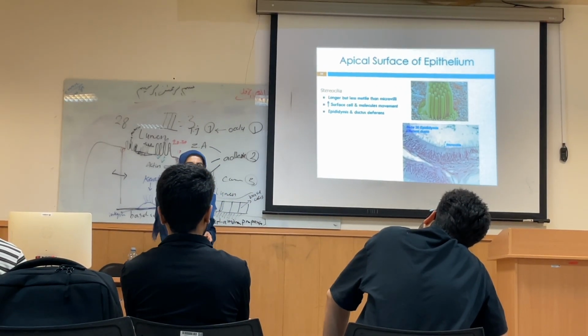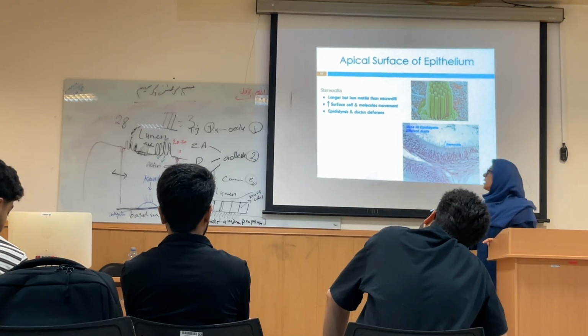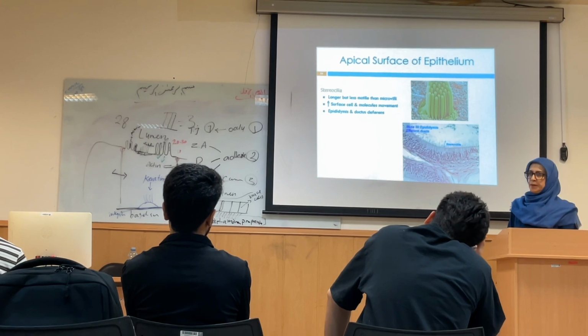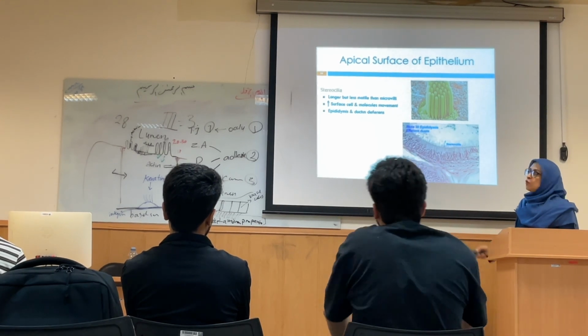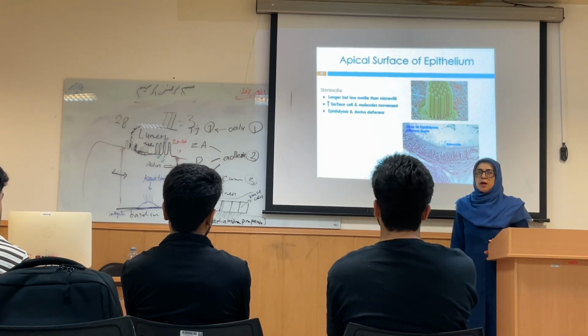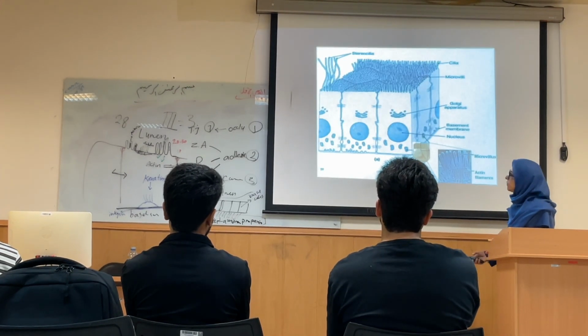Where are the stereocilia? In the epididymis and vas deferens of the male genital system. They help the movement and maturation of the spermatozoa in the male reproductive system.